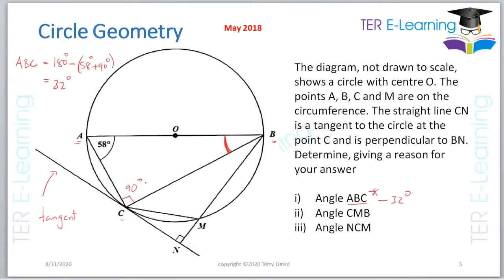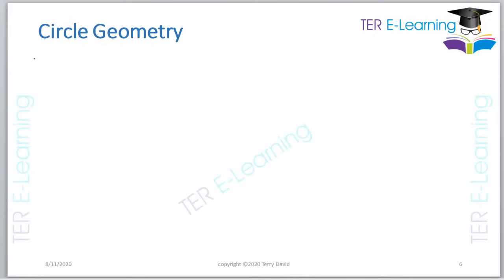So you all are correct. Sharice and Tiffany, I think that's what you all said, 32. That is correct. So remember, with each of these questions, when they ask you to work out the angle, we need to give our reason, right? So let me show you how you're going to write your answer for this. So this is for part 1. You're going to state that the angle in a semicircle is 90 degrees.